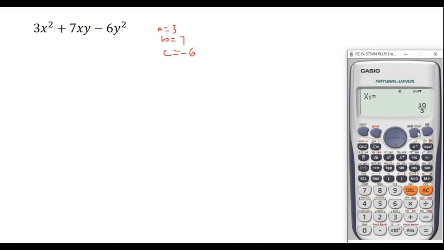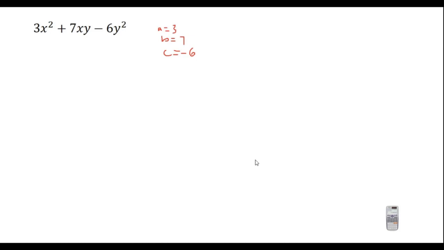To find equation, press on mode, press on 5, then choose the third option as your quadratic equation. So we know that a is 3, b is 7, and c is -6. So you can see from here that the first value we are getting is positive 2/3. So we are going to pick it as -2/3.